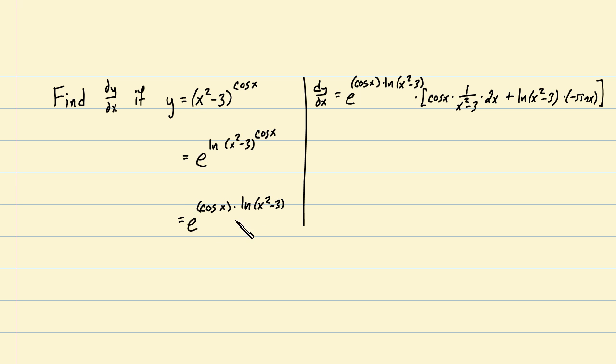So when we differentiate e to the something, when we're using this technique, we always get e to the same something in our derivative and then times a bunch of other stuff. Okay? This piece here in logarithmic differentiation will always be identical to this piece here, which is just another version of this.